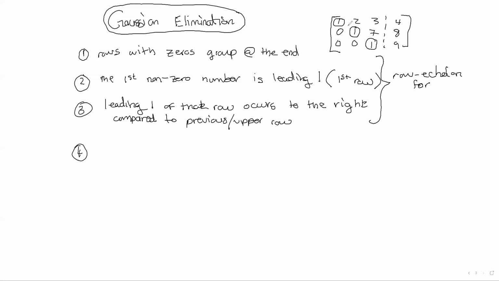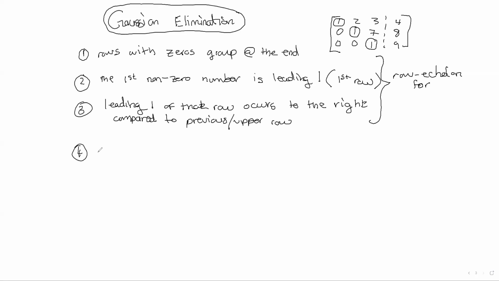We could go a step further and do the elementary row operations again and receive zeros on top. Below and above the leading one, we could have zeros.